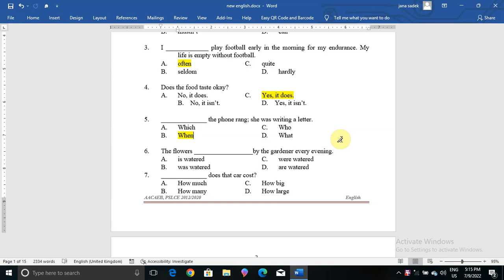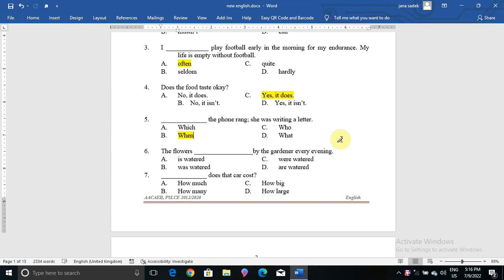And here what we will use is is, are, were or was. First of all, it's present simple, so we are going to use is or are. We are not using was and were because they are past tense or past verbs. So that means we will use is and are, that means A and D.